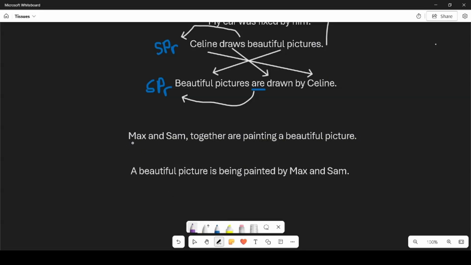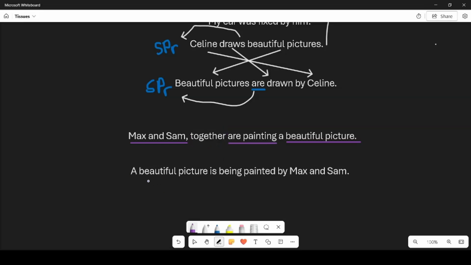Now Max and Sam is one unit, and we have a beautiful picture here and are painting over here. These are the main words. The word together can be omitted if you want.